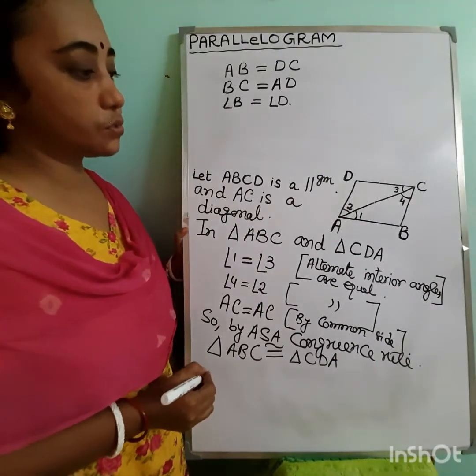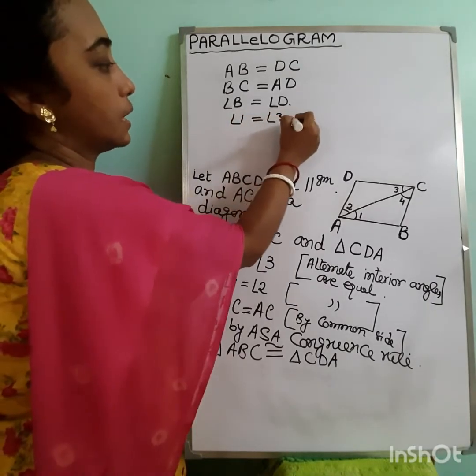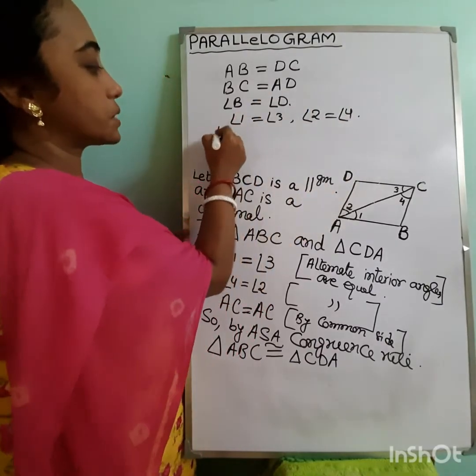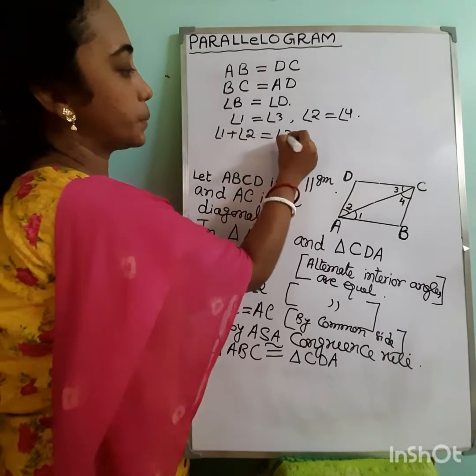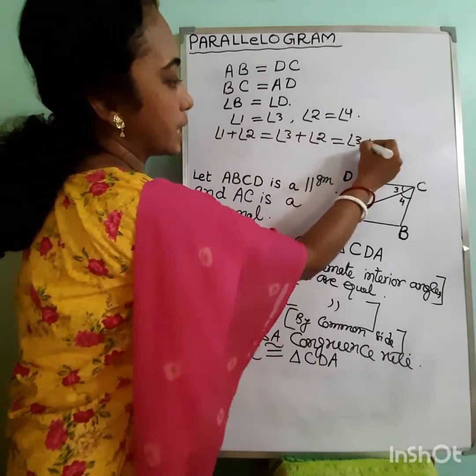Also from these two triangles we have angle 1 equal to angle 3 and angle 2 equal to angle 4. So if we add angle 2 on both sides, angle 1 plus angle 2 is equal to angle 3 plus angle 2, and we know angle 2 is equal to angle 4, so angle 3 plus angle 4.